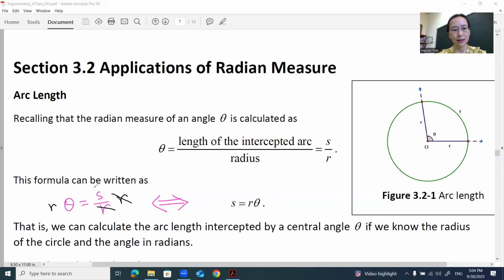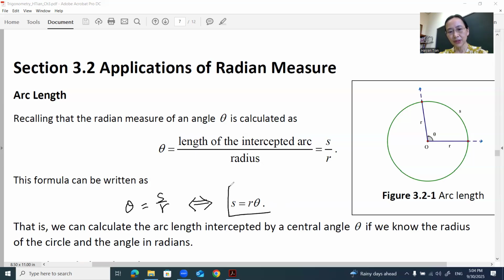You see the intercepted arc length will be equal to radius times theta. So basically, the same formula. We just look at it. So theta equals S over R, which is the same as S equals R times theta.